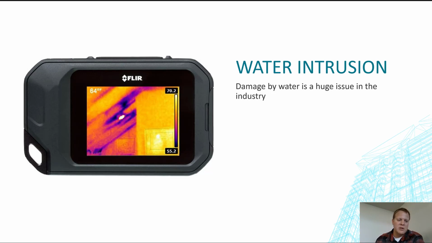I have a little thermal imaging camera showing this here of like water just coming down. This is FLIR's website picture. It's not mine, but I've been on projects before where we brought out cameras like this, and you can see, oh my goodness, this wall is completely saturated in this area. And you can tell the difference in temperature, and just big losses and going backwards due to water.